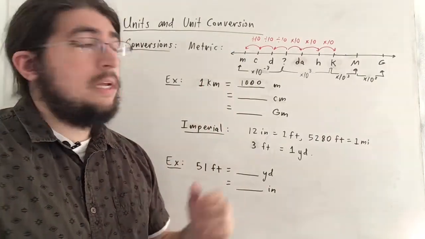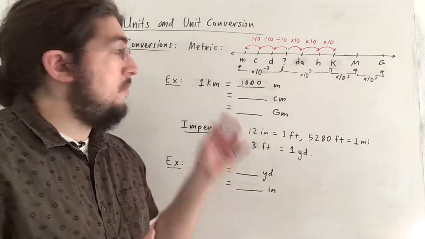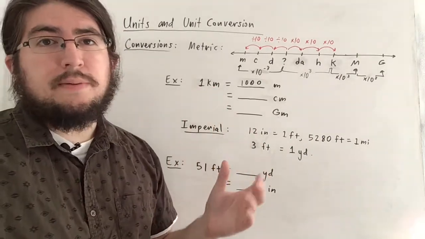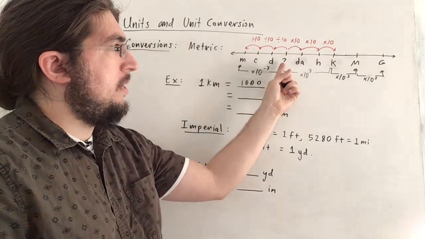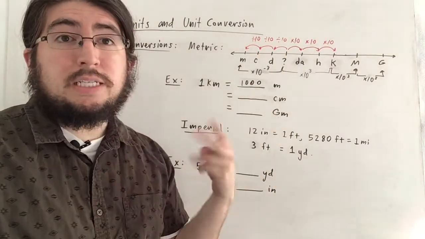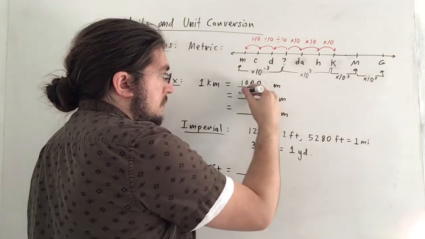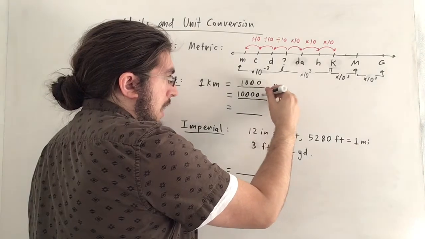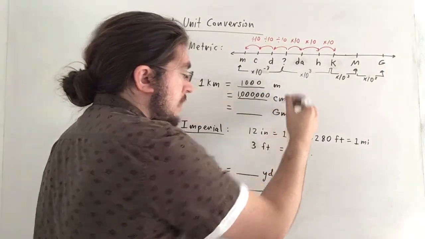It's because you need that many small units to make that big unit. So the big units will generally have smaller numbers in front of them. So centimeters, there's 1,000 centimeters in 1 meter, so this is 1,000 times 1,000, which is actually 6 zeros. So this is really 10 to the 6 centimeters, but I'll write it out with 6 zeros. So it's 1 million centimeters in 1 kilometer.